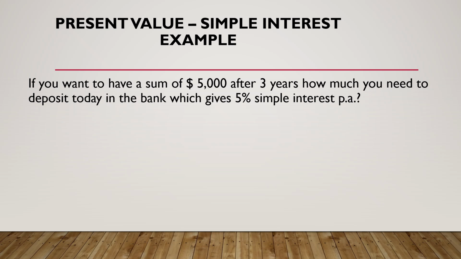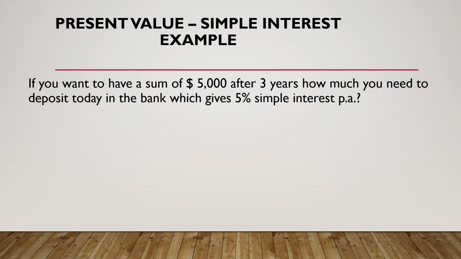If you want to have a sum of $5,000 after 3 years, how much do you need to deposit today in the bank, which gives 5% simple interest? So here we want to find out the present value using the simple interest formula. So I want $5,000 after 3 years.